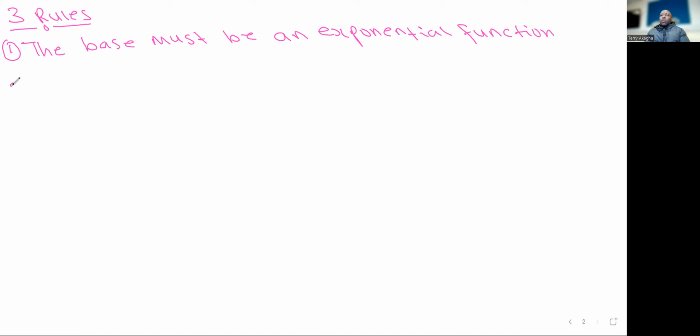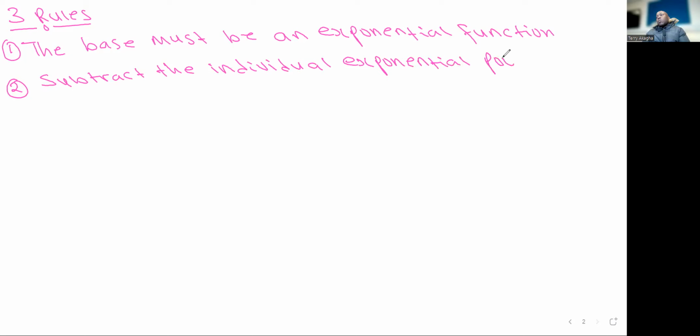Number two, when you've established that the base is an exponential function, the next thing you have to do is subtract the individual exponential powers. Then after you're done with that, the next thing you do is simplify.